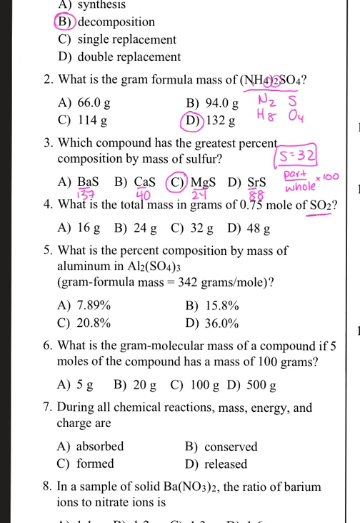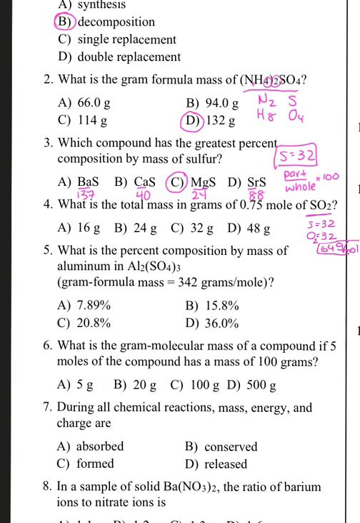So SO2, we have S is 32, and oxygen, 2 of them, is 16 times 2, another 32. So the conversion factor we're going to use is that SO2 has a molar mass of 64 grams per mole.